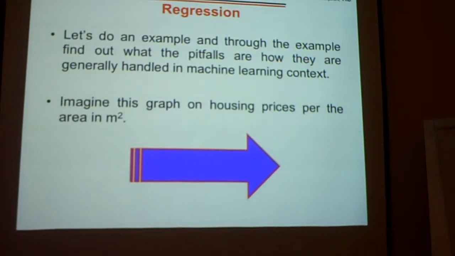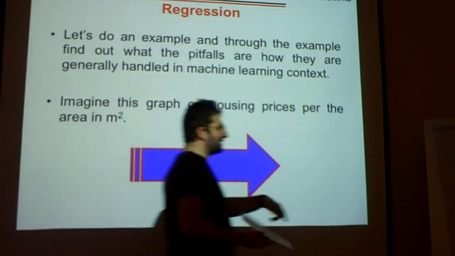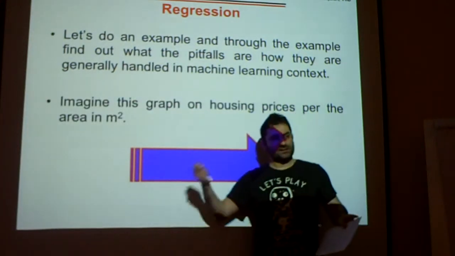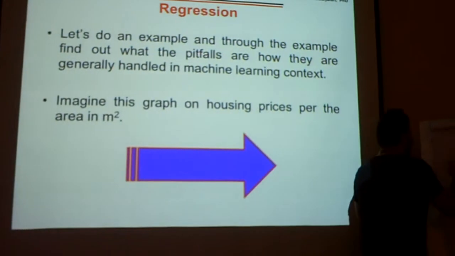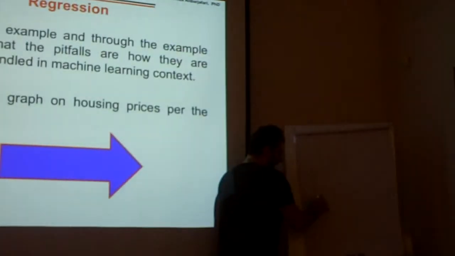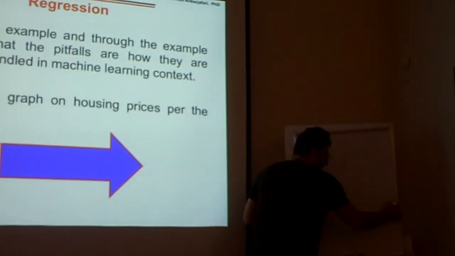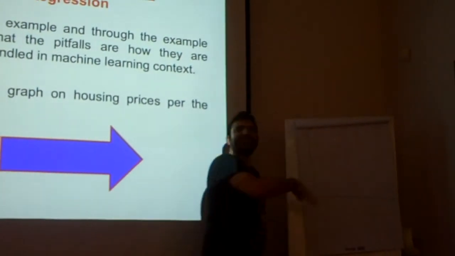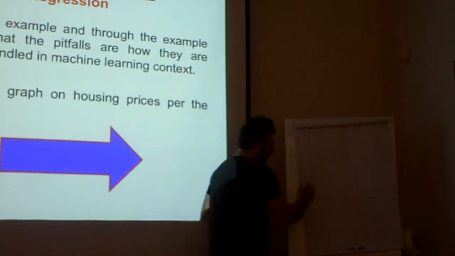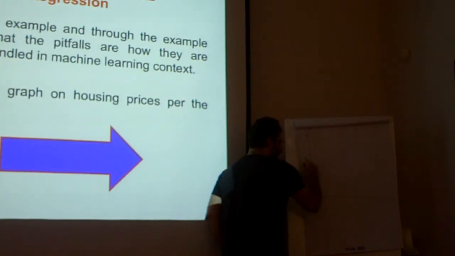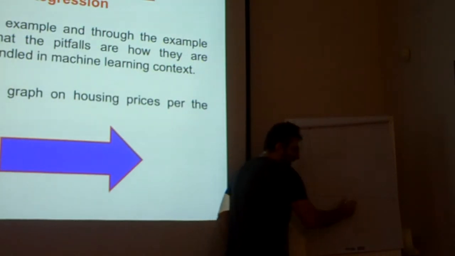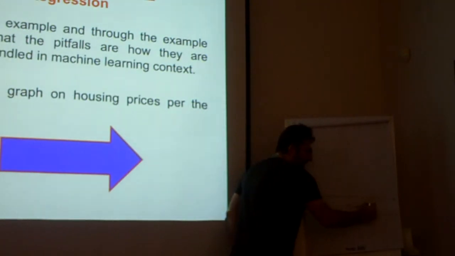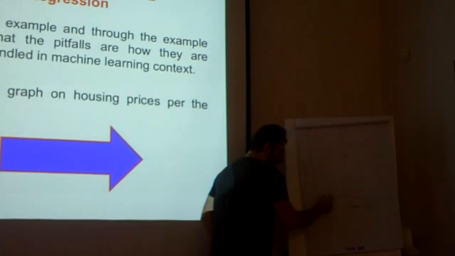I have it here. We use this data, and then we will get back to the slides as we proceed. Imagine I want to buy a house, so I have done some investigation. Everything is imaginary. This is the cost of the house, and this is the area in square meters.